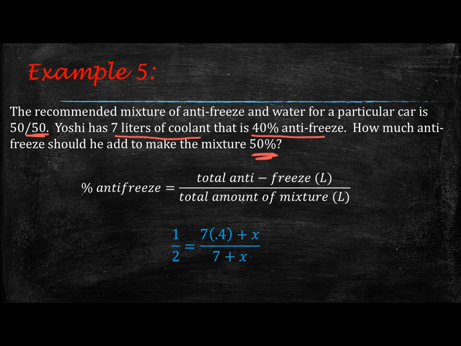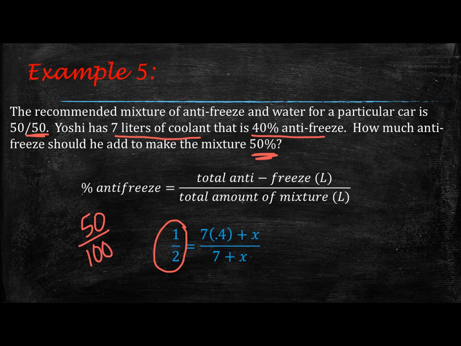Okay, so we're going to use this formula here. The percent antifreeze is equal to the total antifreeze divided by the total amount of mixture. Now, we want that percent to be 50%, which is 50 over 100, which reduces to 1/2.